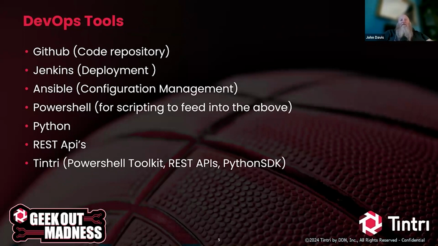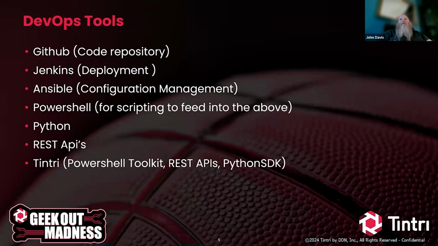But when I talk about DevOps and Tintri, I'm not talking about that level of things in general. We do have a REST API into the Tintri. We also have a PowerShell toolkit and a Python SDK that allows these scripts to talk directly to the Tintri and take advantage of the Tintri goodness.